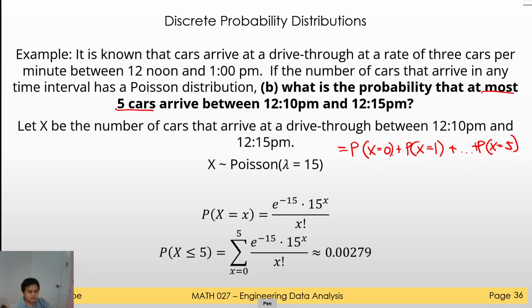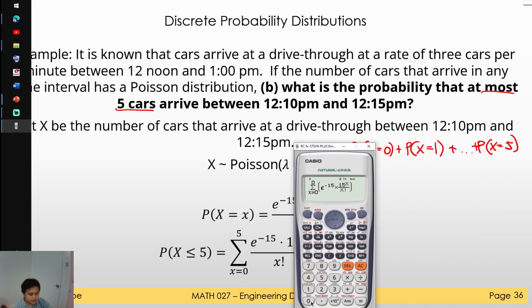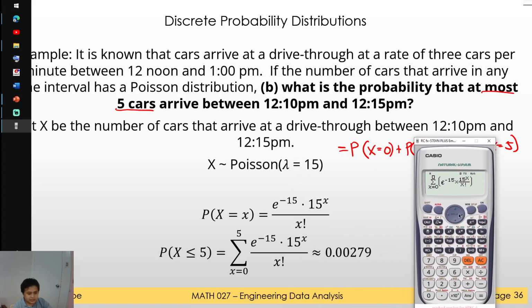To save time, we can just input the function: e raised to negative 15, multiplied by 15 raised to x, all over x factorial, using alpha x and the factorial function. We start with 0 and end with 5.